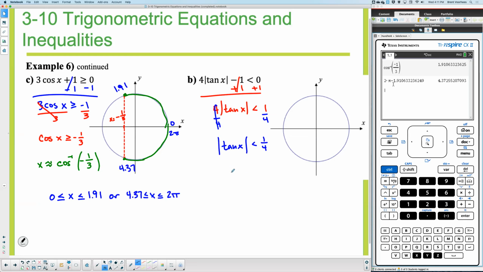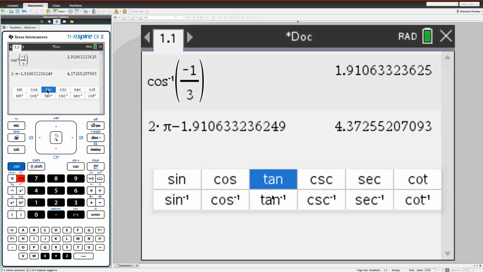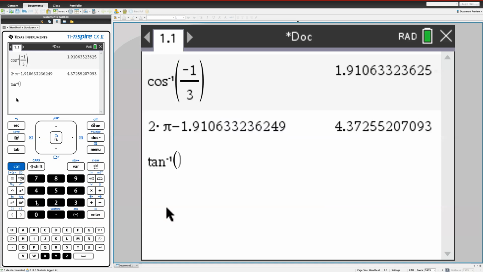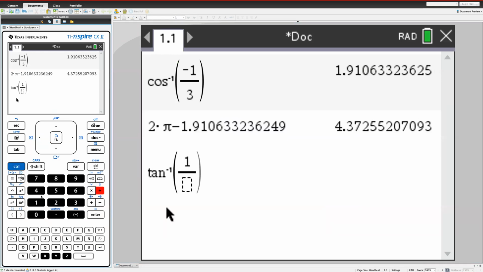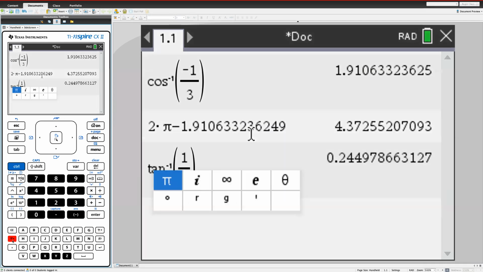So first, let's see, what is tangent inverse of 1/4? I'm going to go over to my calculator and see if it cooperates with me. Actually, I don't think it will, so I'm going to just go ahead here. So what I'm going to do is hit trig tangent inverse 1/4, 1 divided by 4. Now that I have that value, in a second, tangent usually works with a pi.